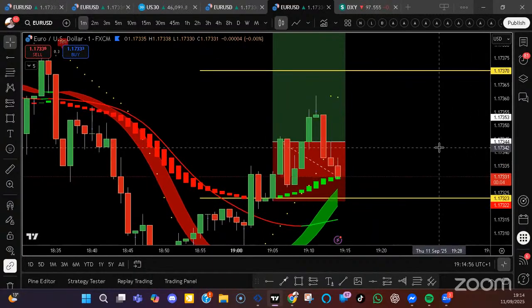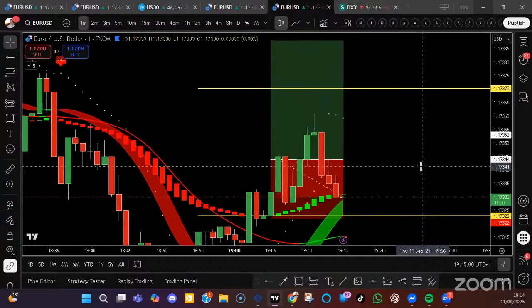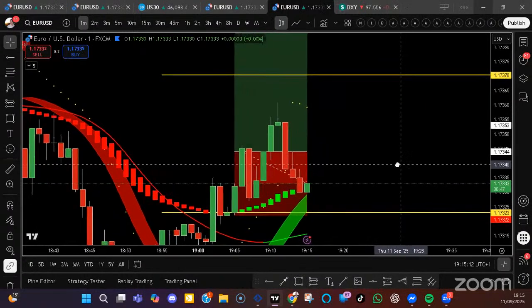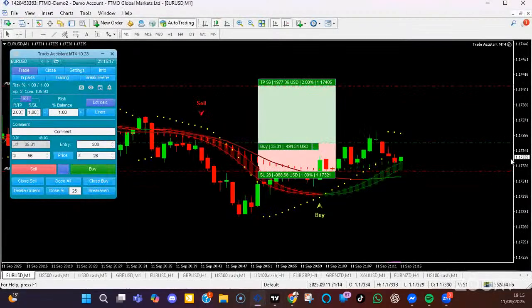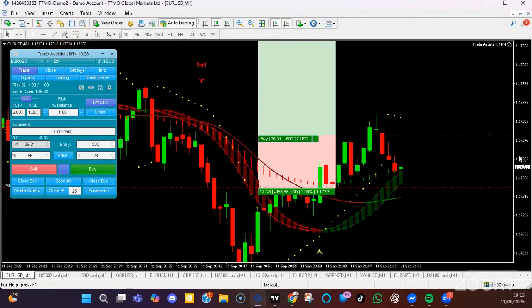So that is a bit of a worry in itself. So I wouldn't be interested in that. So the EUR USD is my best chance of a trade. And that's why I've been taking the EUR USD. So we'll keep it on here at the minute and just see what happens.